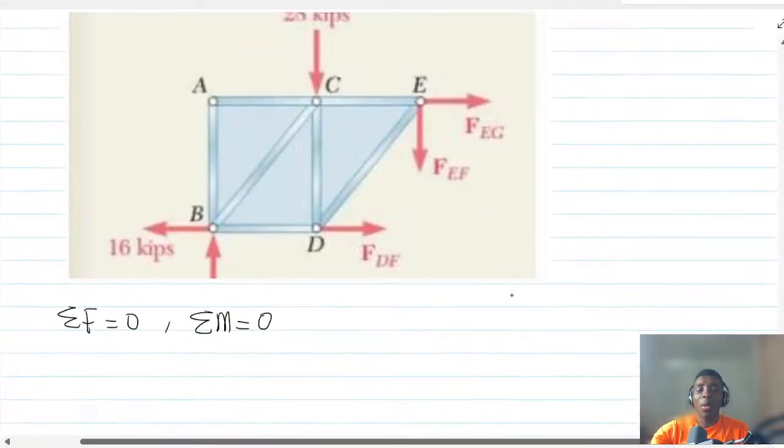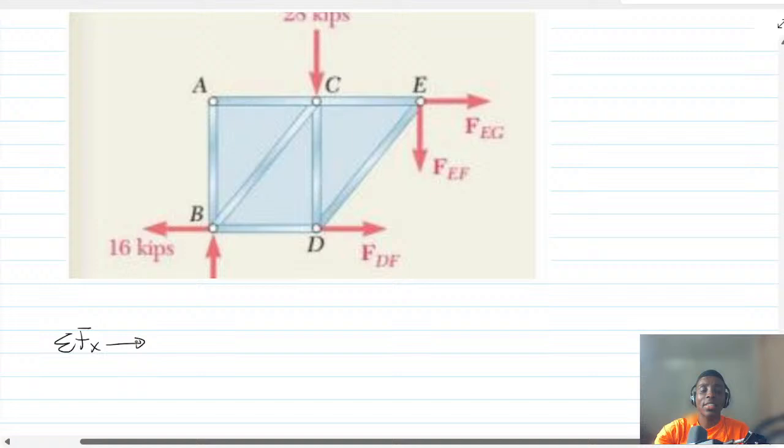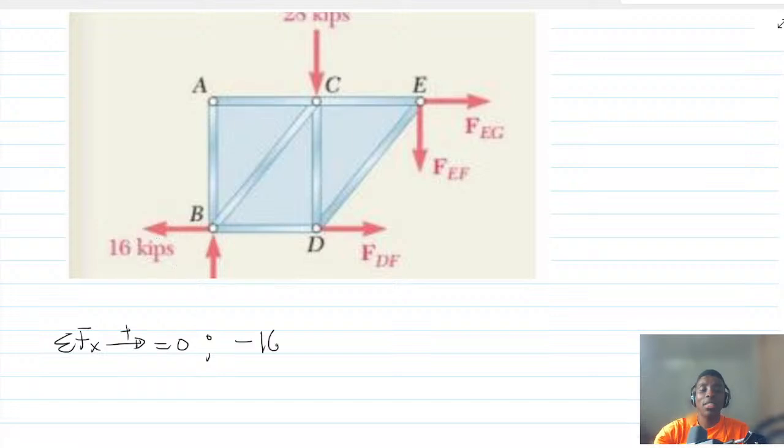So let's do it one more time. We are going to take summation of forces along the x to be 0. Let's do that. So we have 16 kips here. So it's going to be minus 16, and then FEG is along the x. So it's going to be plus FEG.